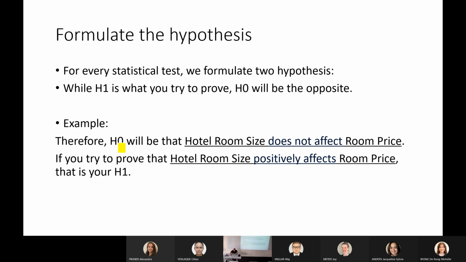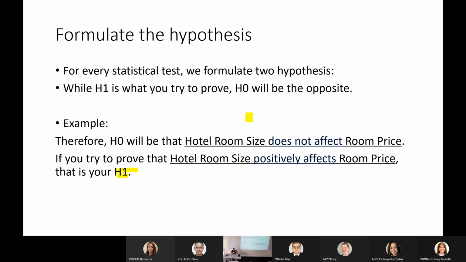If we try to prove something, for instance, in this case, that the room size affects the room price, that is what we want to prove here. Then this will always be the H1. The null hypothesis, H0, represents the current belief in the situation.